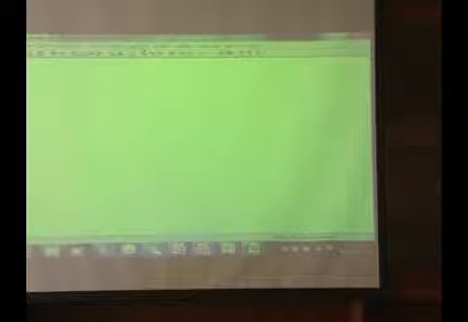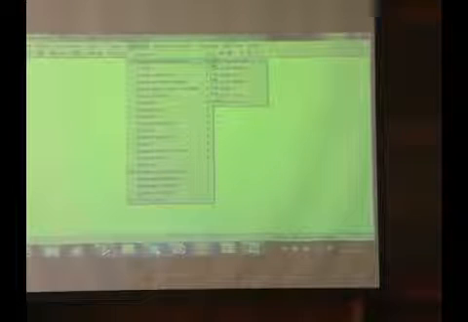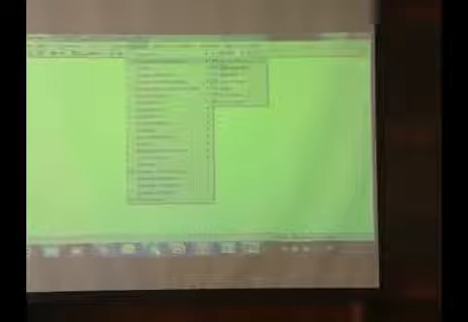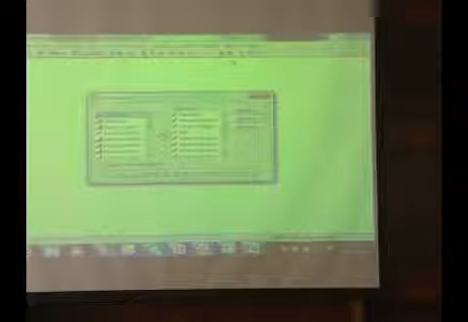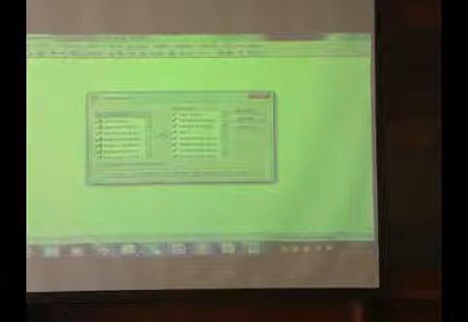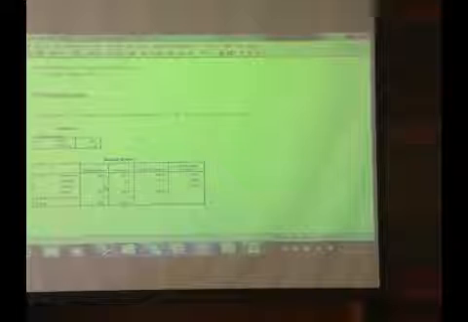As a summary for descriptive statistics, number one, you go to analyze, descriptive statistics, and there are two things that you can do. Frequencies, which usually is done for categorical variables, and it gives you the number and percent.